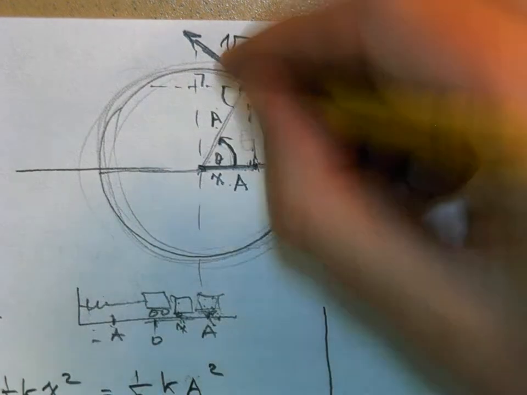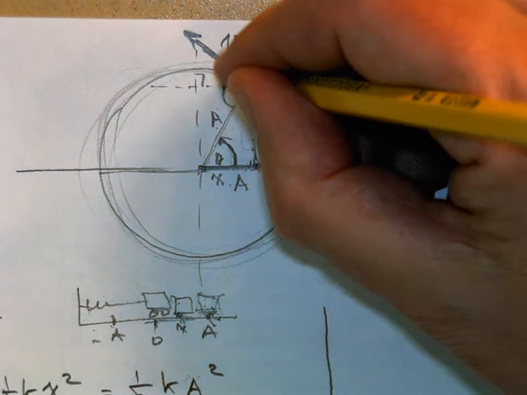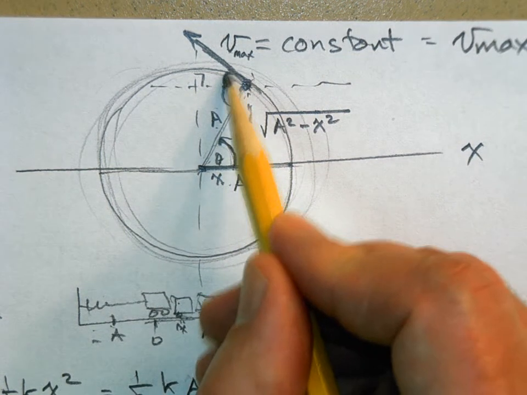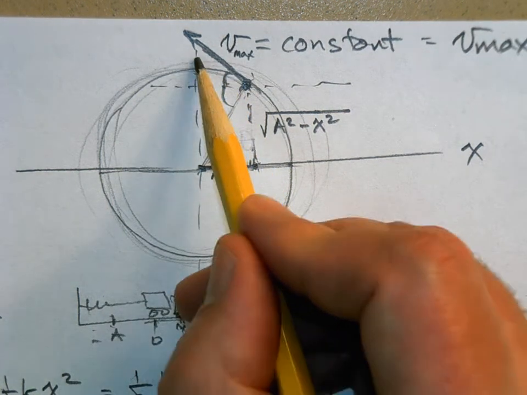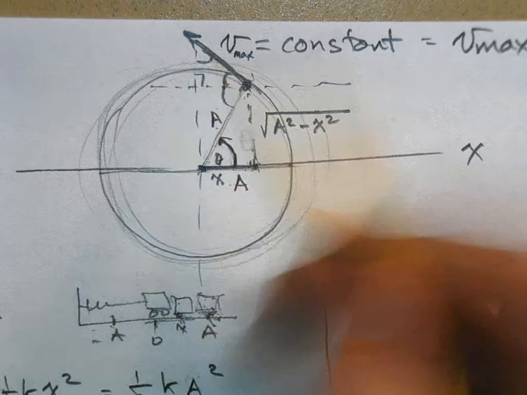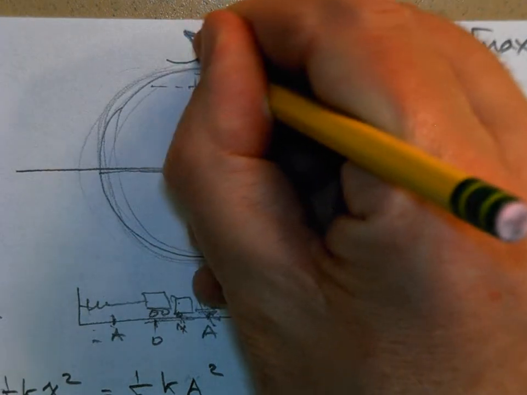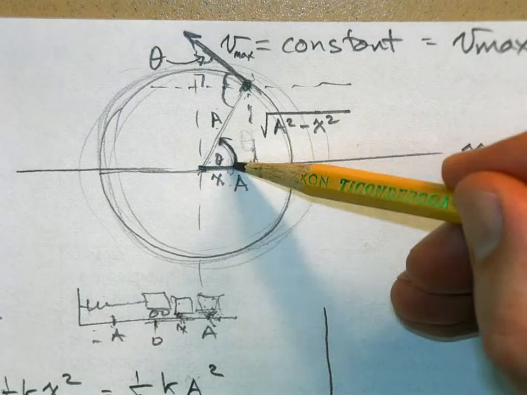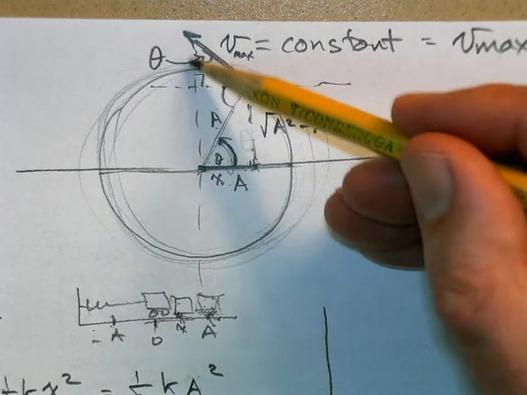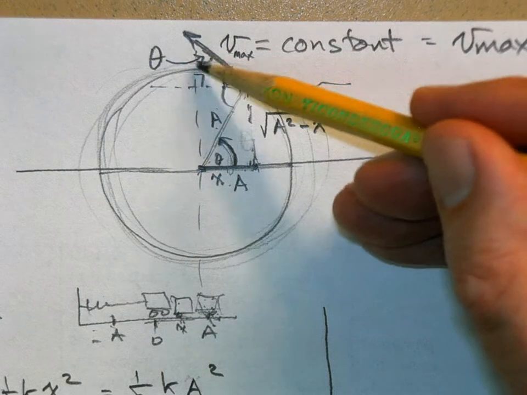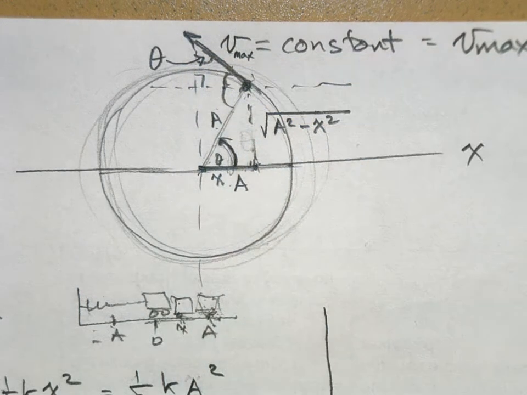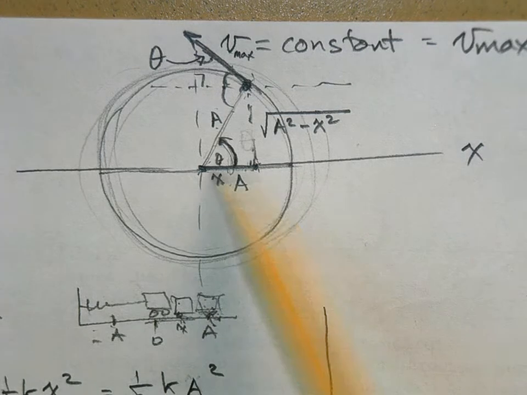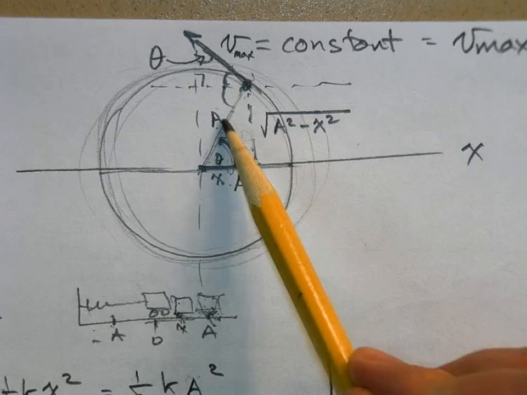So this is 90 minus theta. Well, if this angle here is 90 minus theta, and this is a right triangle, that means this angle over here is theta. So if this is theta down here, we just went through this little triangle stuff to show that this angle right up here is also theta. Now we're going to use that to develop a relationship between x and the amplitude and our maximum velocity.